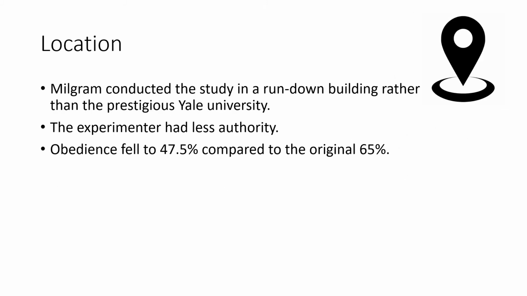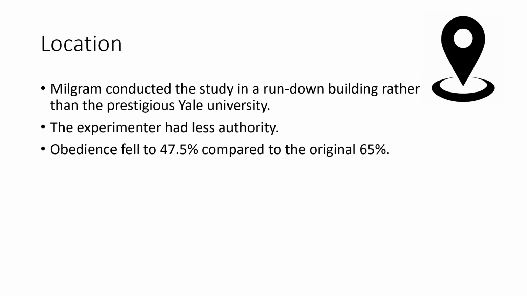Furthermore, we have location. So Milgram originally conducted his study at Yale University, which is a very prestigious university, and instead of conducting the experiment there, he then went on to do one in a rundown building. And when you're in a rundown building, it doesn't really look as professional, it's not as prestigious, and so therefore the experimenter has less authority.